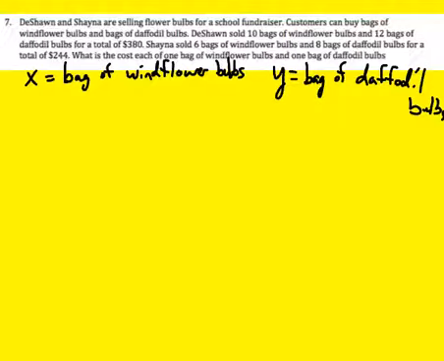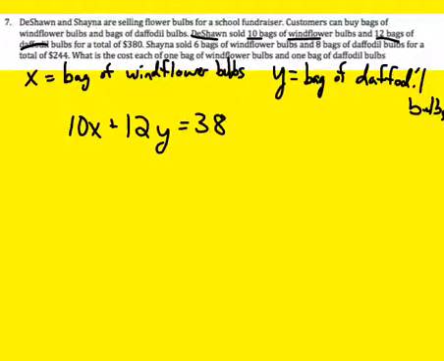Okay, so Deshaun and Shayna, I don't care. Customers can buy, but blah, blah, blah. Here's the important part. Deshaun sold 10 bags, so 10x, it says windflower, and 12 bags of daffodil, so plus 12y, for a total of 380 bucks.